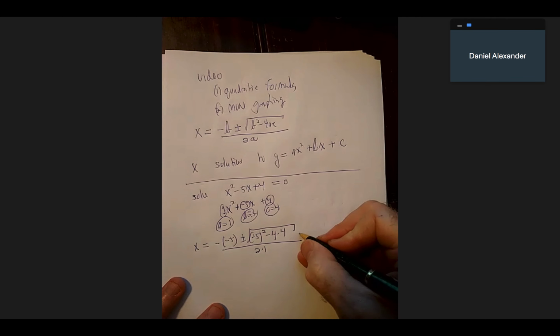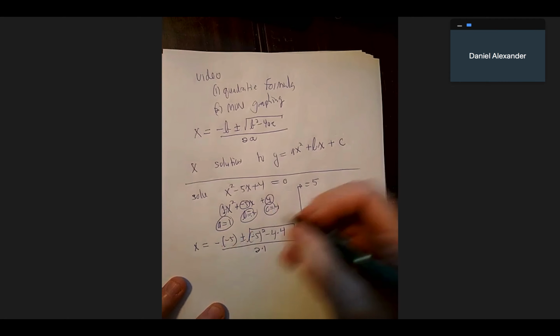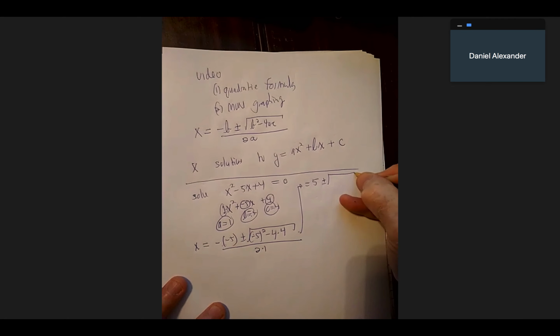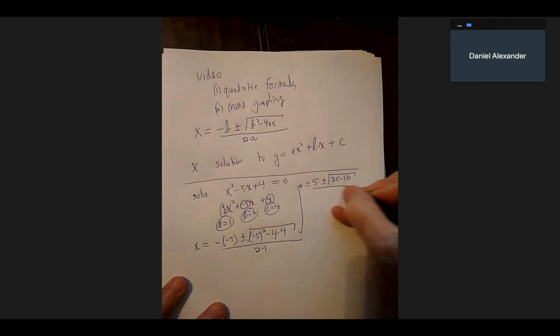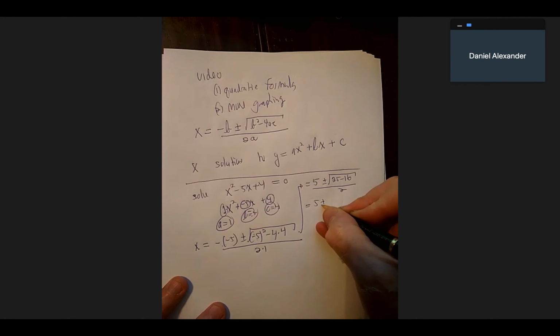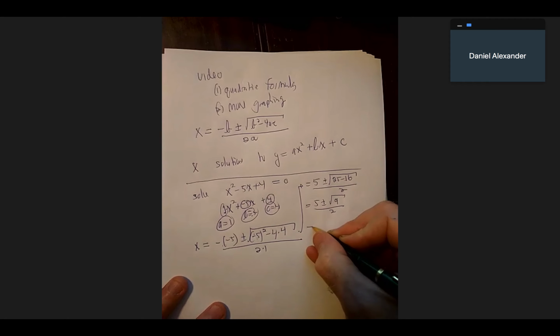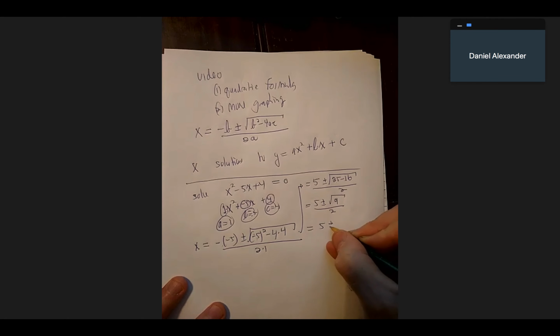Okay, so that's going to give me 5 plus or minus the square root of 25 minus 16, over 2. That's going to be 5 plus or minus the square root of 9, since 25 minus 16 is 9, over 2, which equals 5 plus or minus 3 over 2.